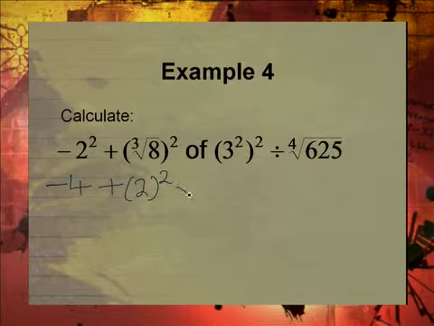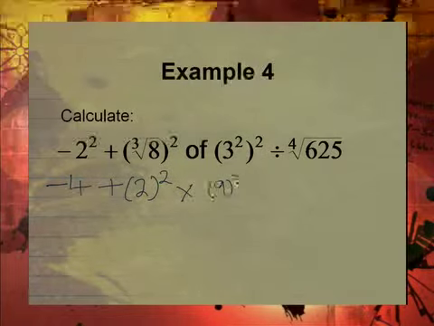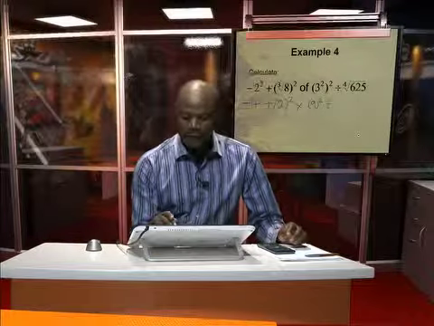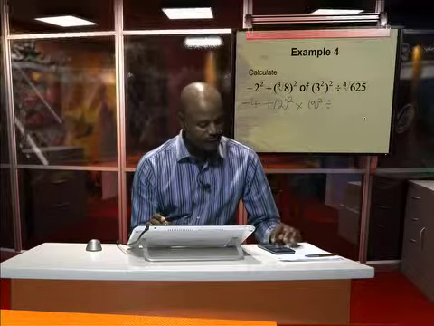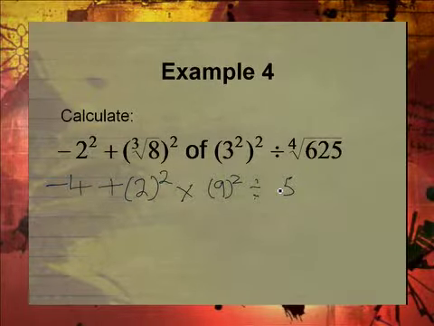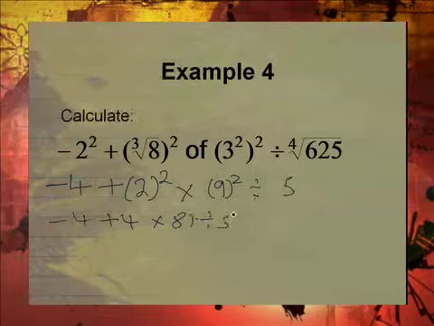Of means times, then 3 squared, then you square it up. 3 squared is 9, then you have squared, divided by the fourth root of 625, then you get 5. And then from there, you just work: negative 4 plus 4, then you have 81 divided by 5. And then you put that on your calculator, guys.